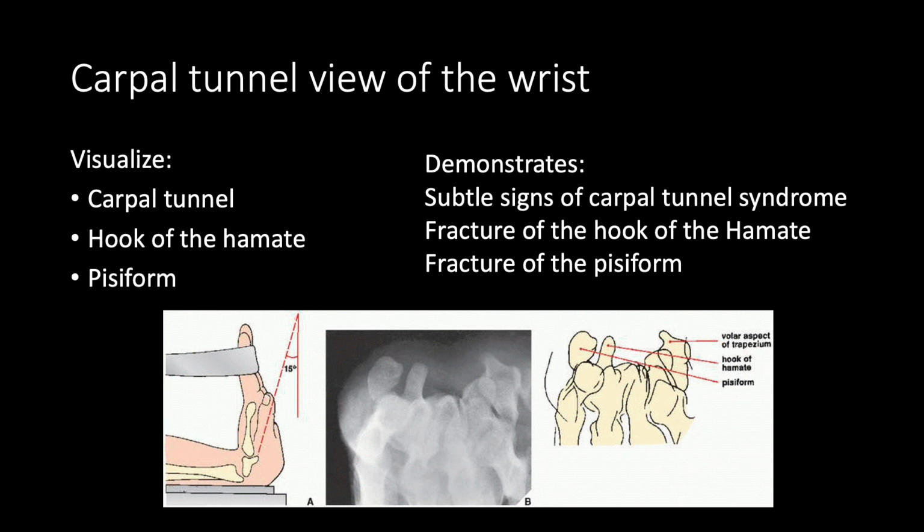So you see this nice carpal tunnel area that you can analyze, particularly if you think of any fractures like hook of the hamate, and carpal tunnel syndrome. If you suspect there's an impingement in this tunnel area, you can utilize this view. Like I say, it's not one that you see a lot these days, but it's something that you can use if you suspect some of these pisiform or hamate type injuries.